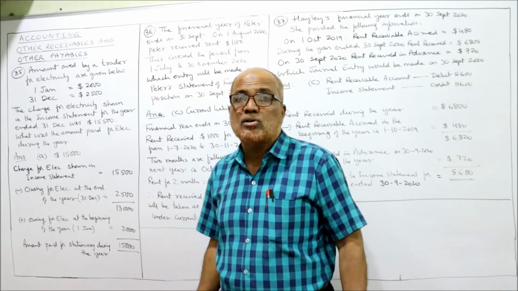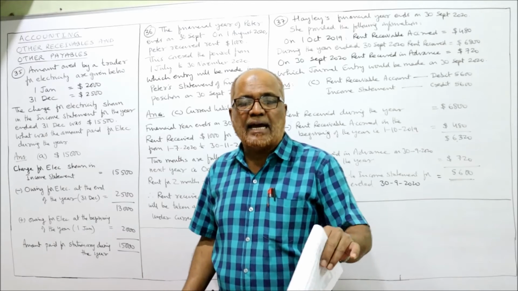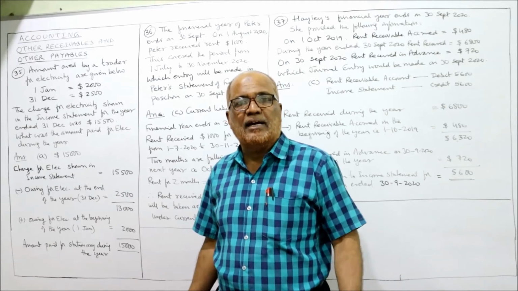Whatever outstanding was there at the beginning of the year is paid during the year, so that will be added. Owing at the end of the year will be deducted because it is not paid.